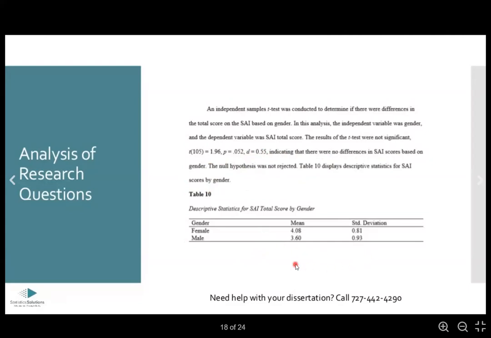So now we can look at this table, and based on the findings of the test, we can understand that although females had a mean score of 4.08 and males had a mean score of 3.60, these were not statistically significant differences. This is not what we would expect or wouldn't expect due to chance. And we can interpret that based on what we've been given here in the paragraph.